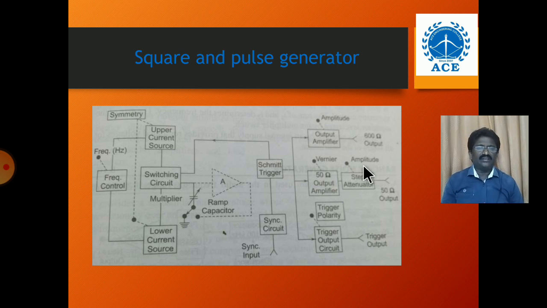This figure shows the basic block diagram of the square wave and pulse generator. It contains two constant current sources, a simple switching circuit, a Schmitt trigger and a ramp capacitor.